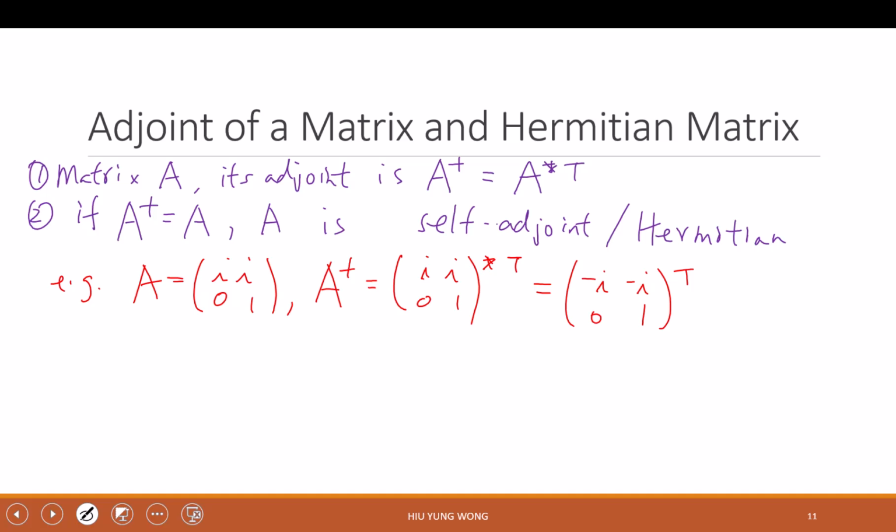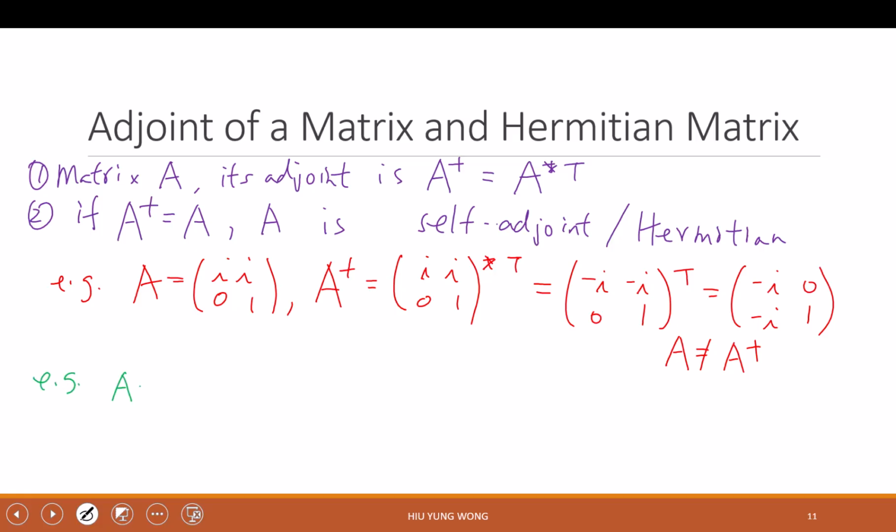Complex conjugate, you only flip the sign for the imaginary part. What is the transpose? Minus i, 0, minus i, 1. Is A equal to A dagger? This is A. This is A dagger. Are they the same? No. So this is not a Hermitian matrix, okay? But this is its adjoint. So let's look at another example.